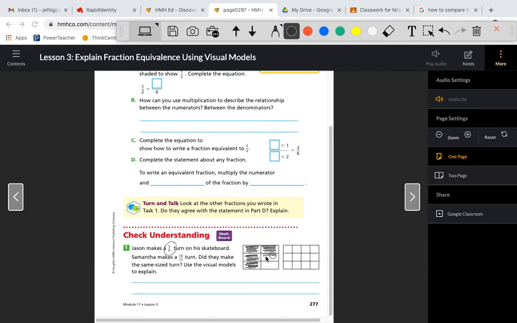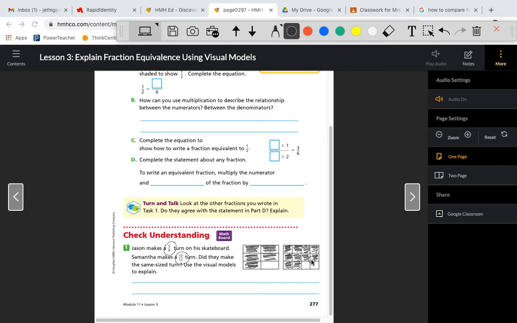Four and 5. Now we're going to do the same thing with 10/12. We've got 12 equal parts and we're going to shade in 10 of them. 2, 3, 4, 5, 6, 7, 8, 9, and 10. Okay?